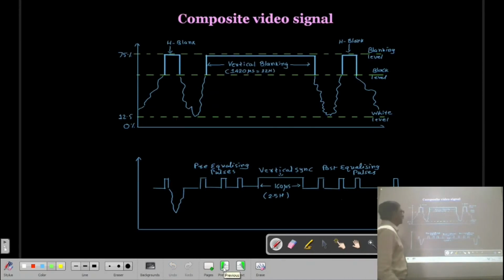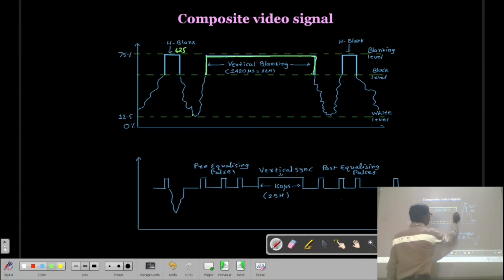In vertical scanning, you can see this is the last line, line number 625. That will be half of the 625 line. And then a vertical blanking pulse is going to be added. And the time duration is 1420 microseconds.